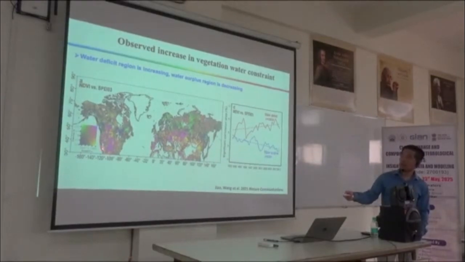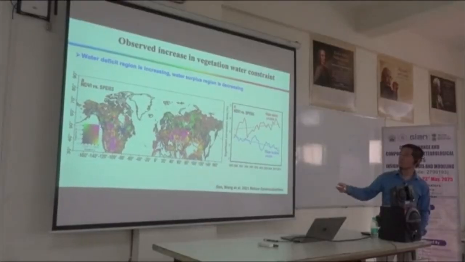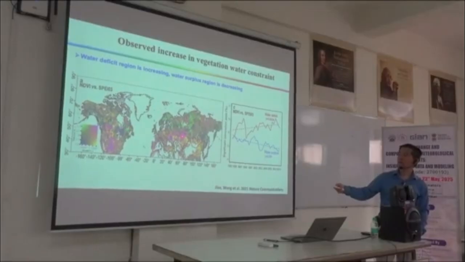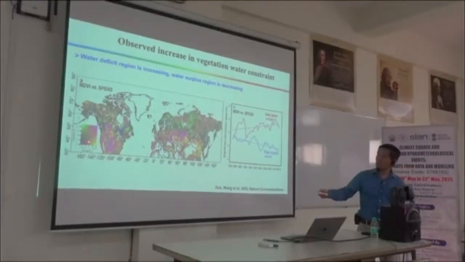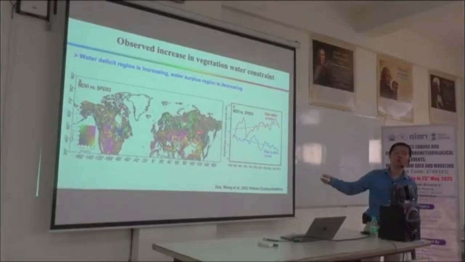They are positive correlation, but also the positive correlation becomes stronger. That means they are water limited, and the water limitation becomes more severe over the last 30 years. But there are also regions that are water surplus, and the surplus becomes less severe over the years.